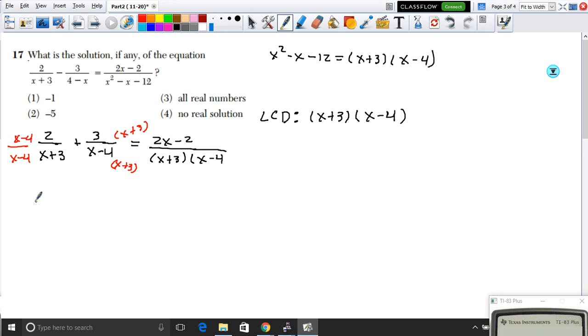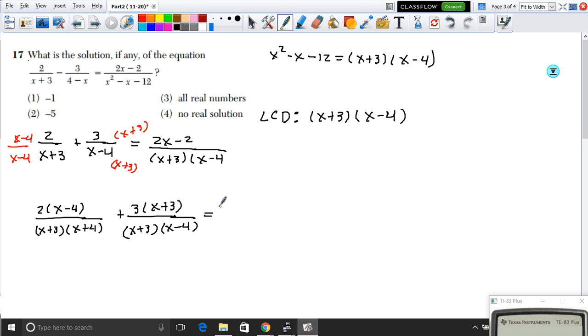If we do this correctly, we are going to have 2x minus 4 divided by x plus 3, x plus 4, plus 3. Then we have this fraction here. On the right side, we didn't do anything, so let's just rewrite it.